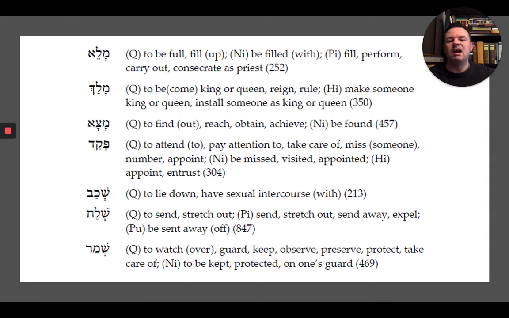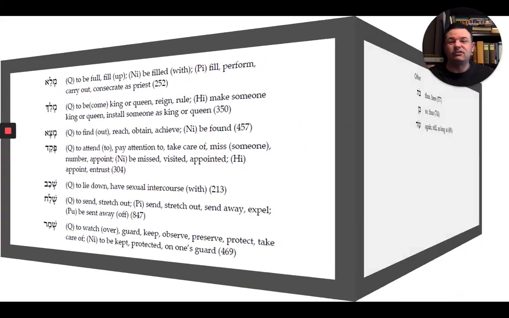It can also be to number or appoint. Shakav is to lie down. Shalach is to send or stretch out. Shamar is to watch or to keep. So shamar, to watch, keep, observe. Notice that there's a large semantic range for that word.